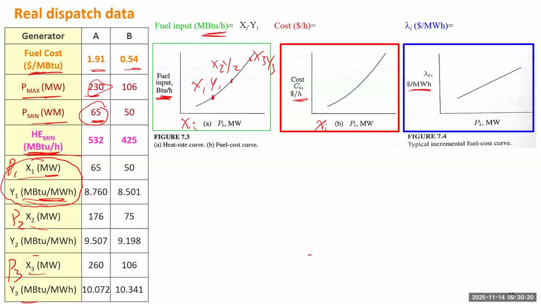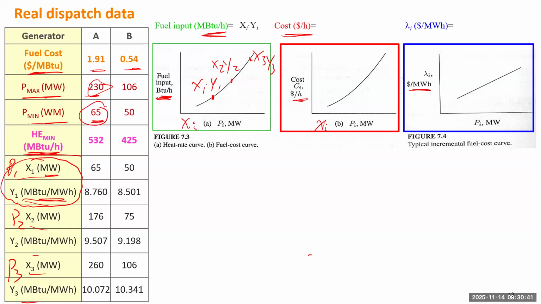Okay, so next one. So how do we come up with this curve? So the second curve in the right box is similar to the first one. The difference is only a factor of the price of the fuel, right?